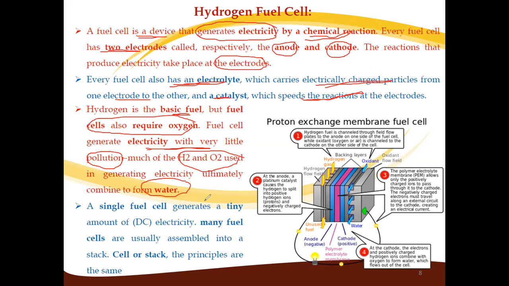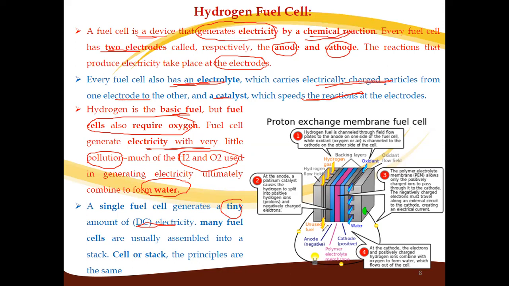Then a single fuel cell generates a very small or tiny amount of DC electricity, direct current electricity, but many fuel cells are usually assembled into a stack, where a number of fuel cells are combined together. These cells or stacks have the same principle as that of the fuel cell.